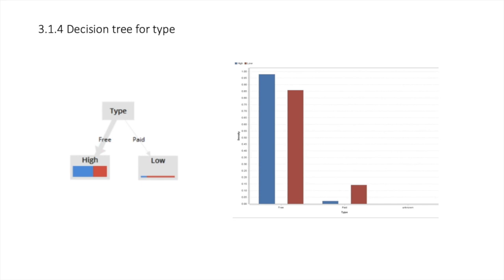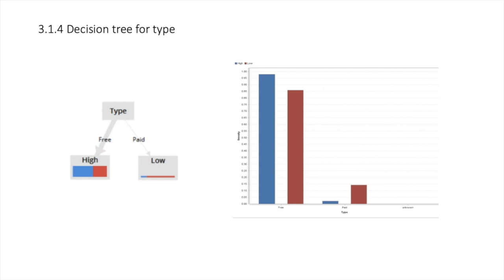The decision tree of attribute type is simple and clear as well. Over half of free applications are high demanded, whereas most paid applications are low demanded. If the target of Google Play is stimulating user activation or gaining market share, promoting free applications could be a great strategy.